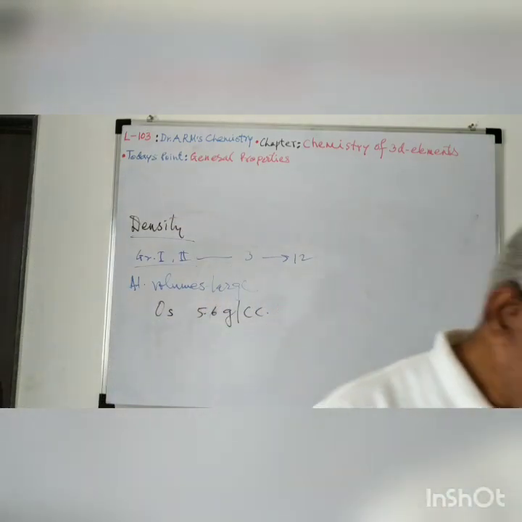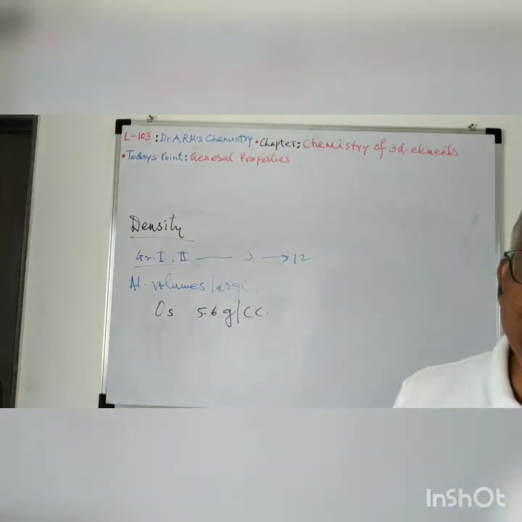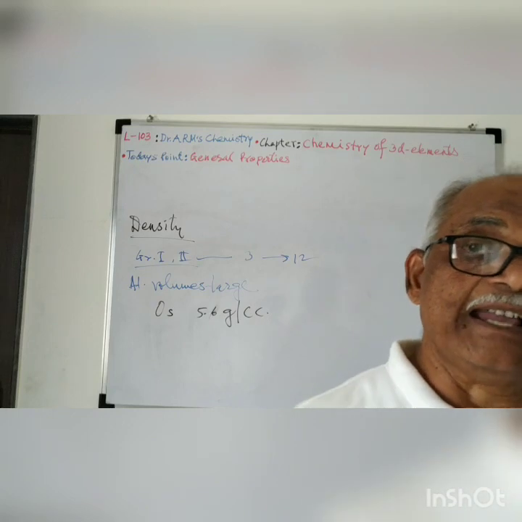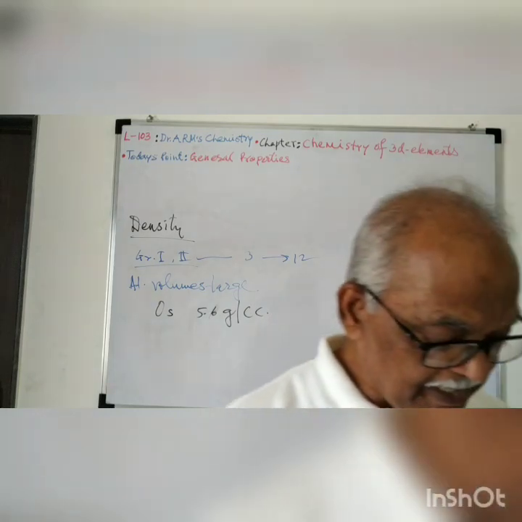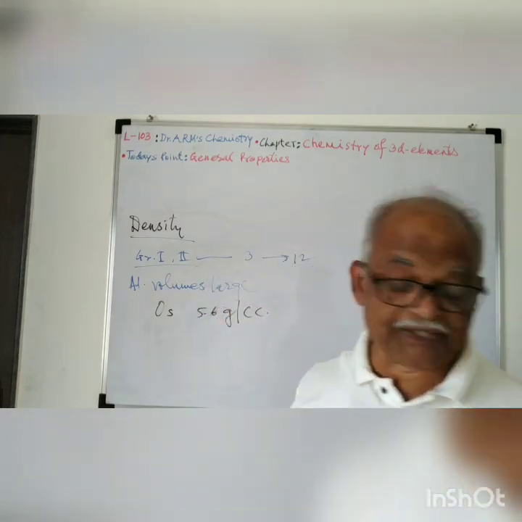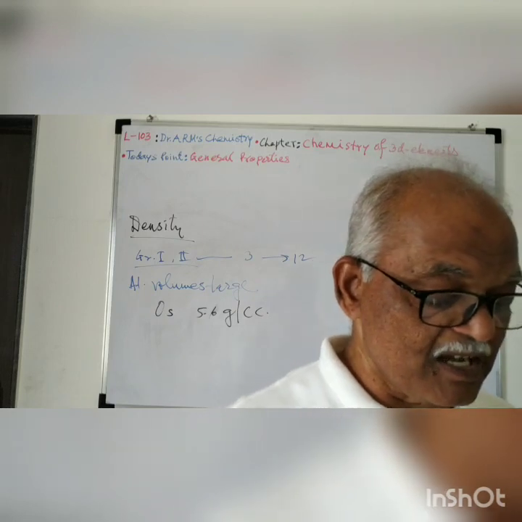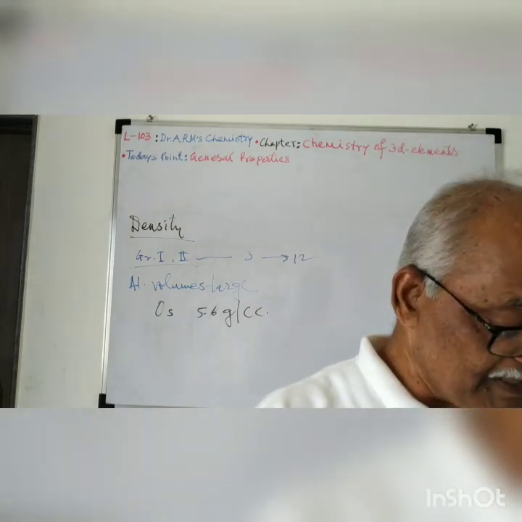So in this way, generally we can say the density of transition elements is high, and there are some exceptions, that is the first 3D group elements, scandium, yttrium and titanium, which have relatively low densities.